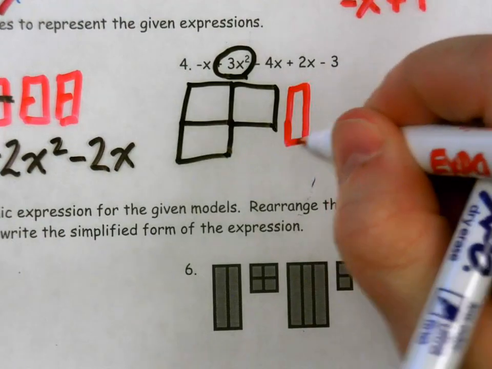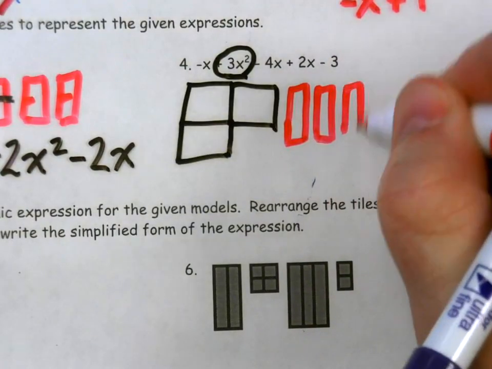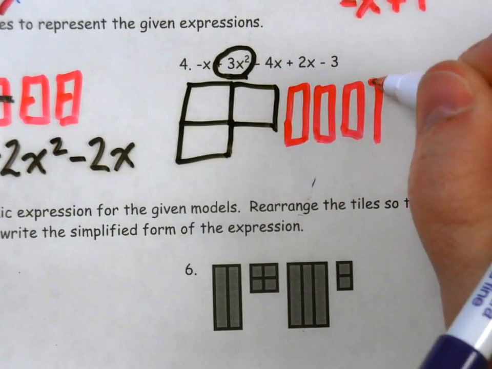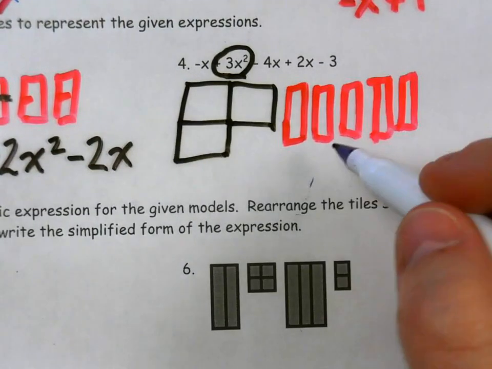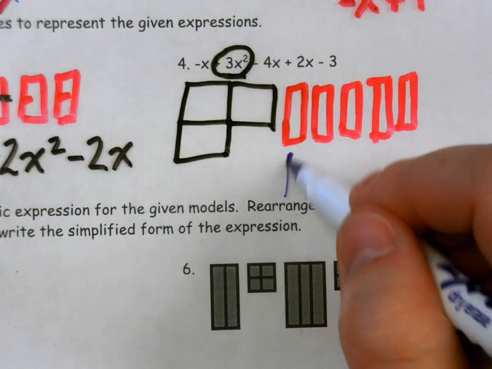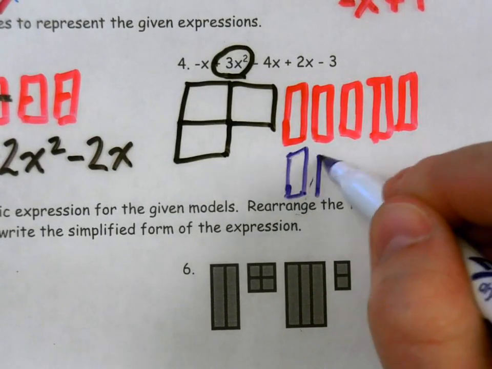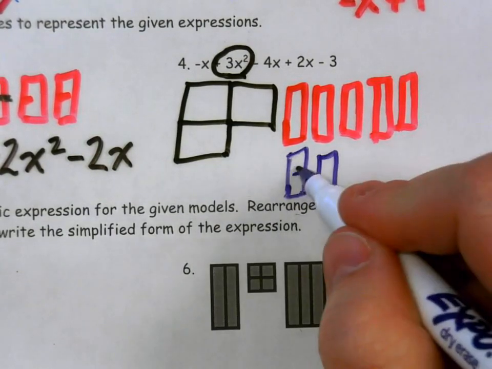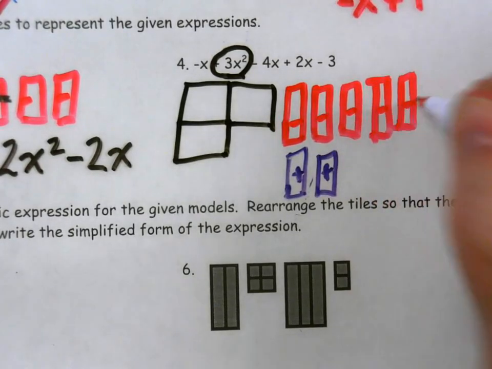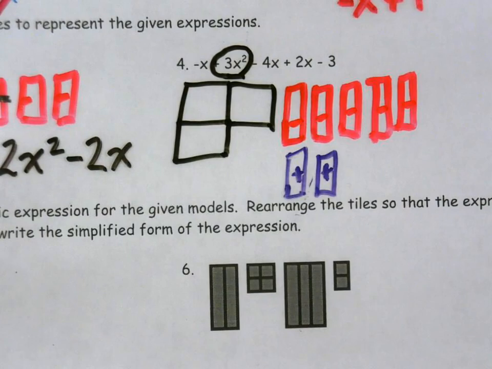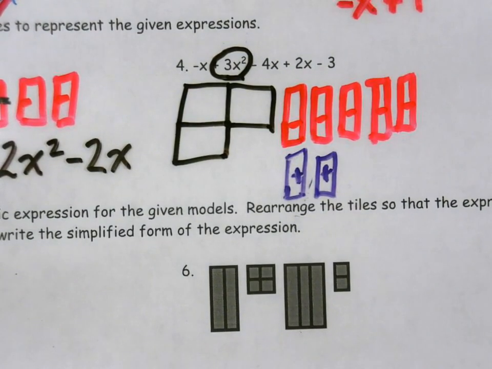I'll do them red. So 1, 2, 3, 4, 5. And then how many positives? 2 positives. My negative kind of looks like it's dividing them in half. It's not.